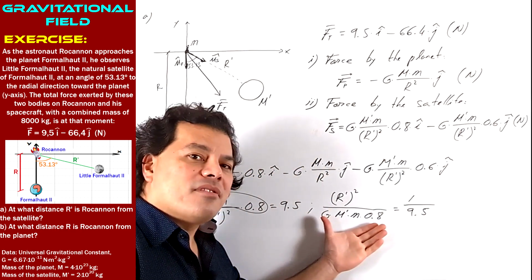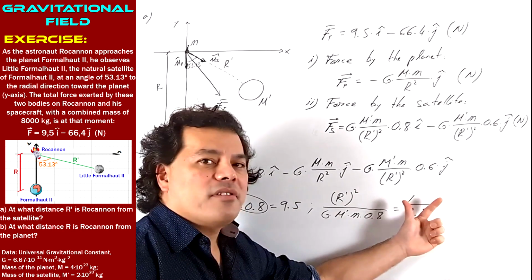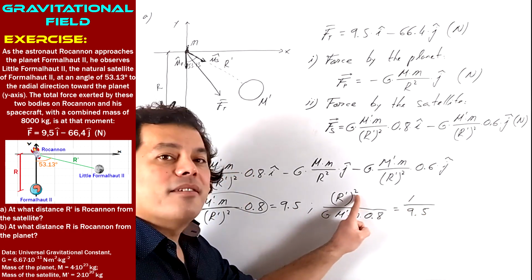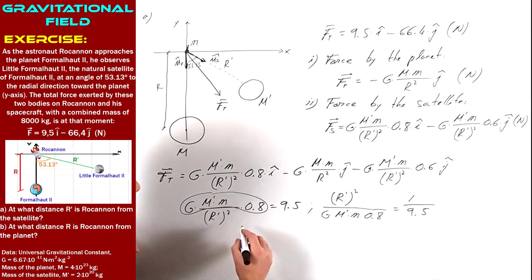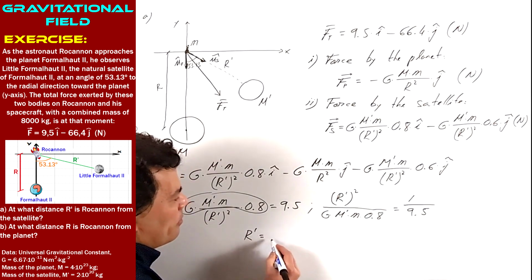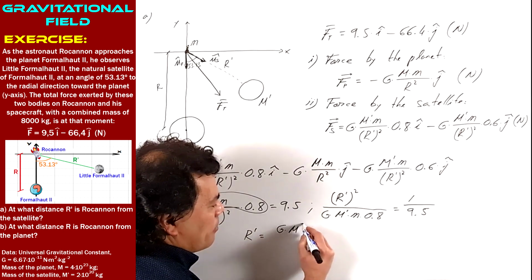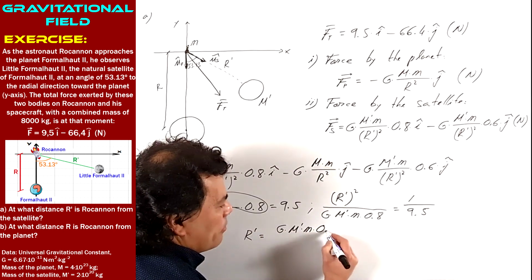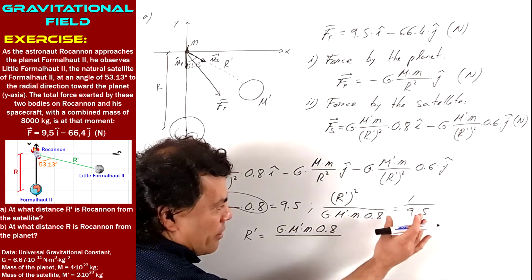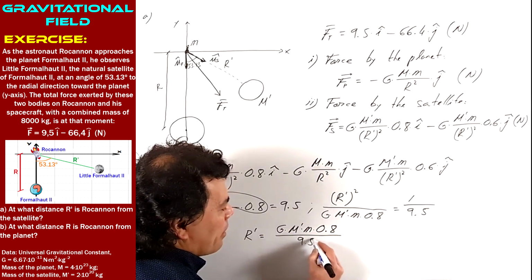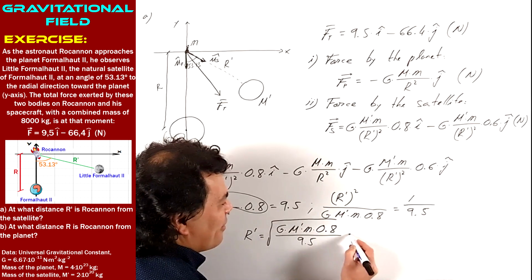And now it's time to send all these magnitudes to the other side, multiplying, and finally square root. Here you have it. R prime will be G M prime M times 0.8 divided by 9.5, and square root.